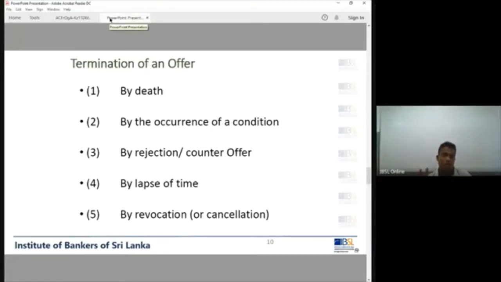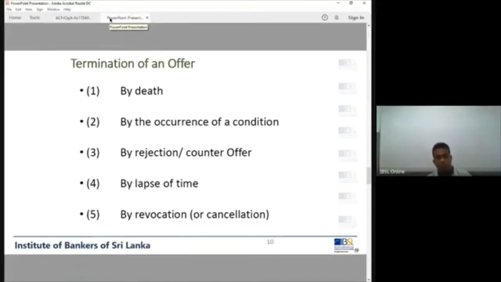For example, if I make an offer to sell my vehicle for 5 million, that doesn't mean that after 10 years someone can accept it. So the offer is valid only for a certain period of time. Thereafter it is considered not valid, or terminated. So if the time is not mentioned in the offer, after a certain period of time, it comes to an end.